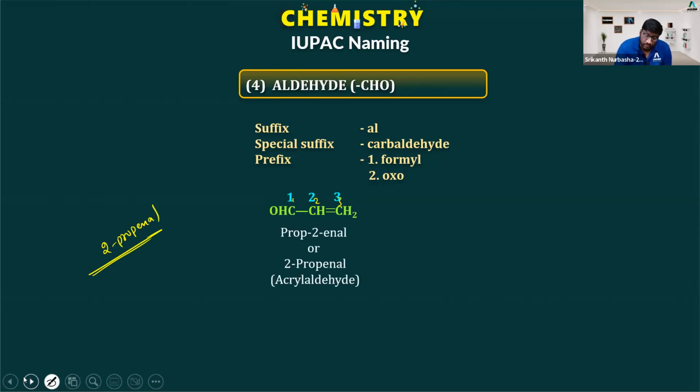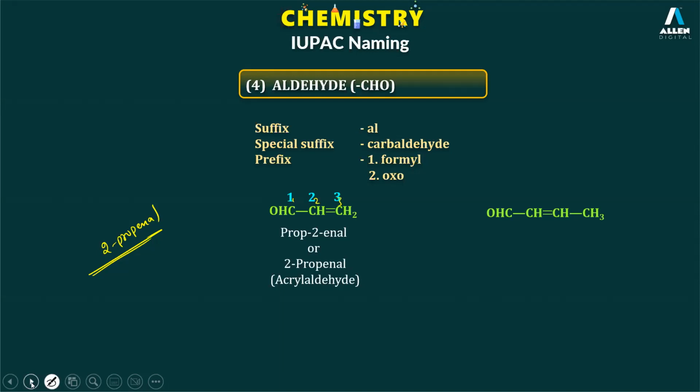Both are the same. And in the common system, it is said to be acryl aldehyde because this carbon is said to be the acryl carbon. What is the name of this? CHO, CH double bond, CH, CH3. Simple compounds only. But-2-en-1-al.